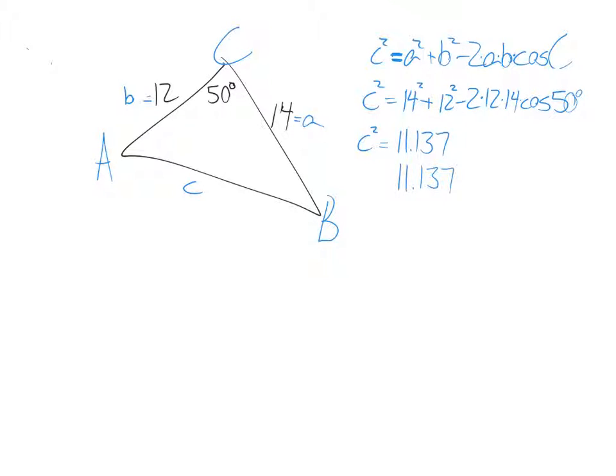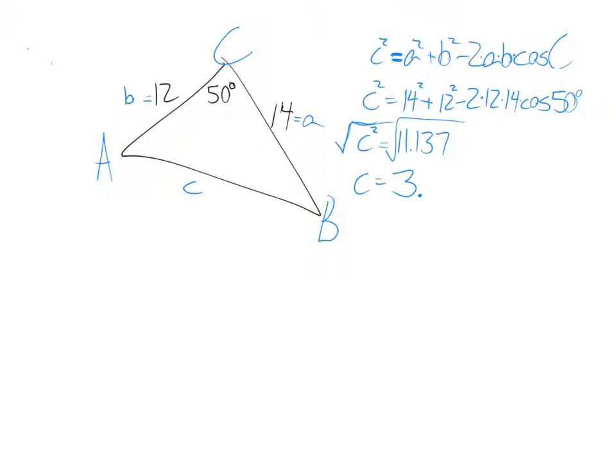11.137. And then we're just square rooting, right? Again, to undo that square, you're going to square root both sides. And we get 3 point what? Wait, that was after it was square rooted.